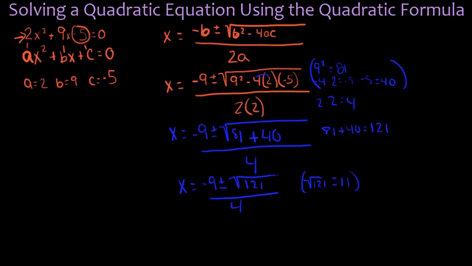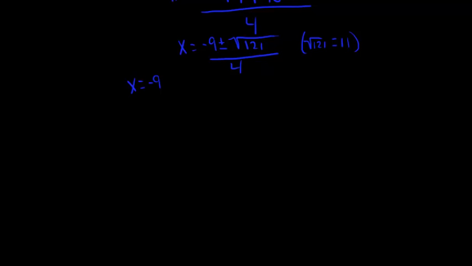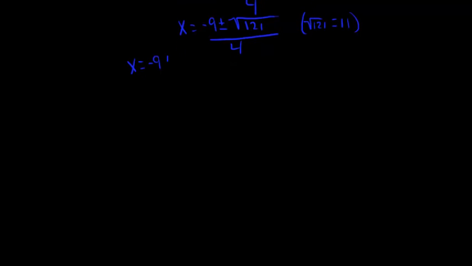So now we have x is equal to negative 9 plus or minus 11 all over 4. Now this means the plus or minus. This is where we will find our two separate solutions.